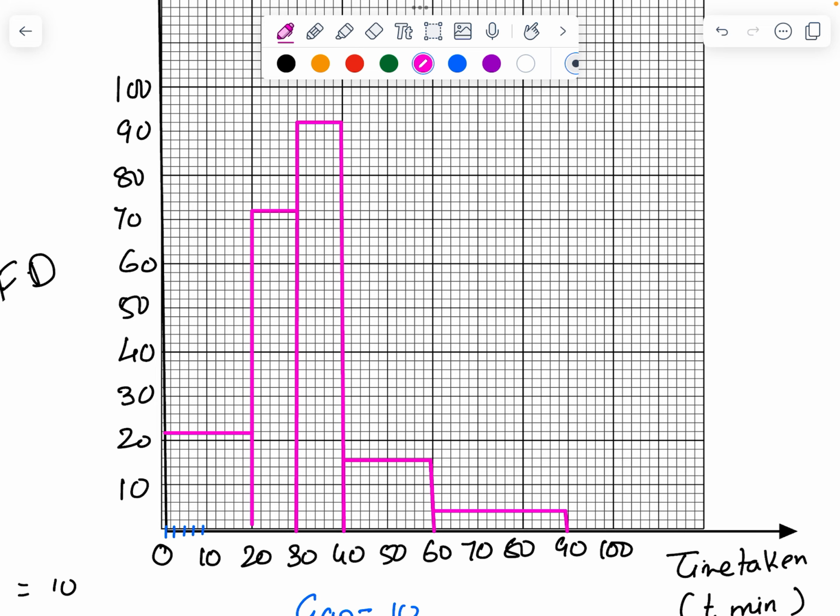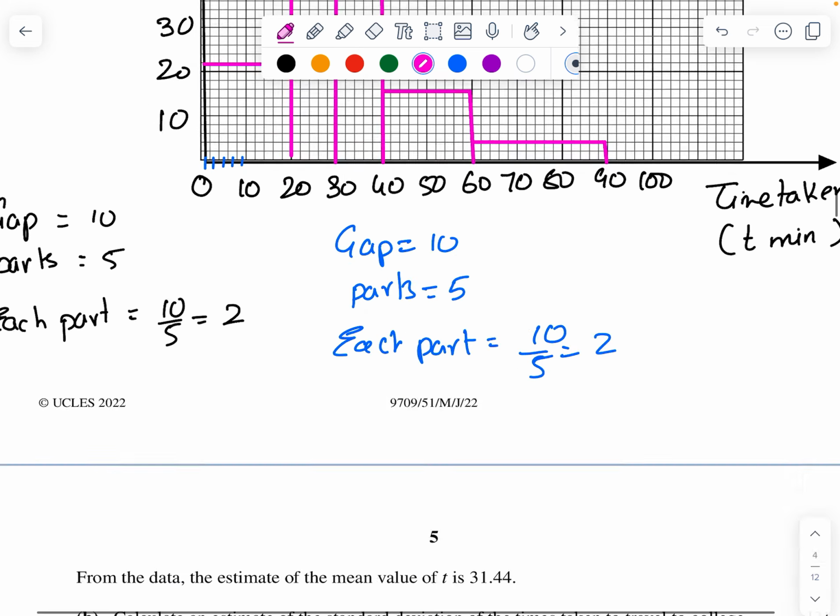This is going to be the frequency density drawn on the histogram.